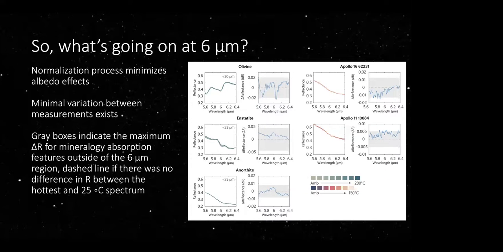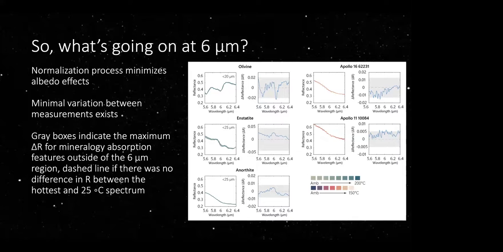There's still going to be some variation that exists between measurements. And if you really wanted to convince yourself that there truly wasn't any changes here that we could associate with water, we could look at the ratio of our hottest spectrum to the spectrum at 25 degrees Celsius. And so that's what I did.